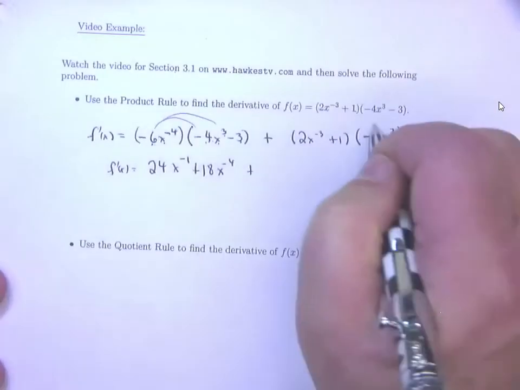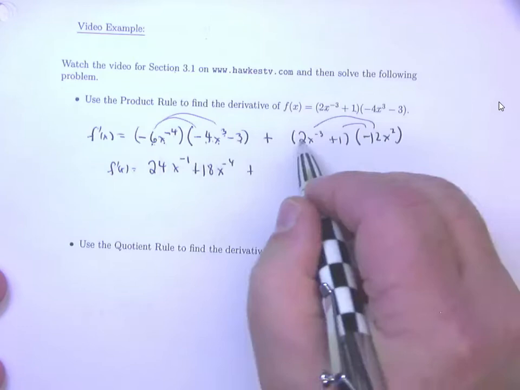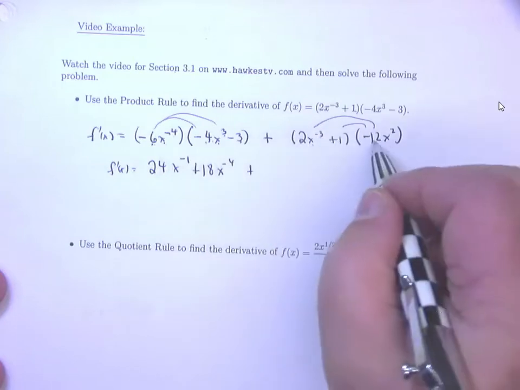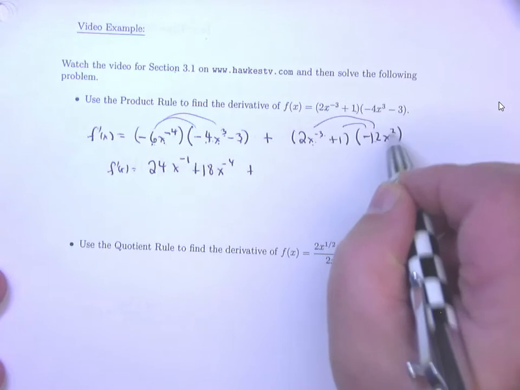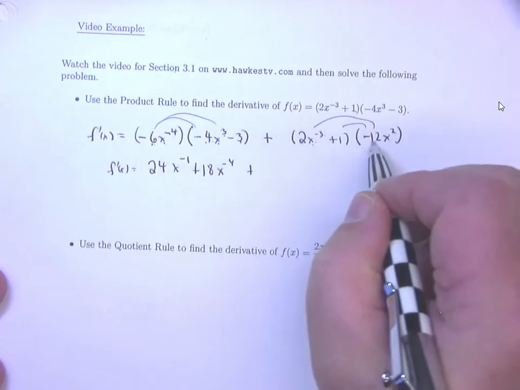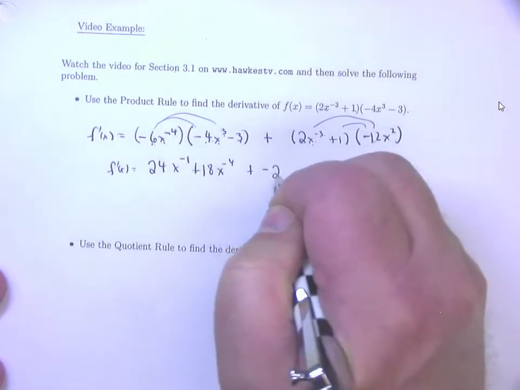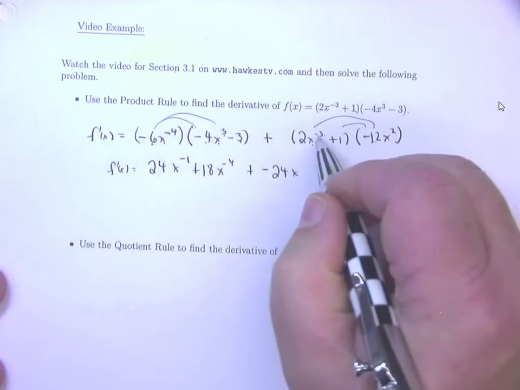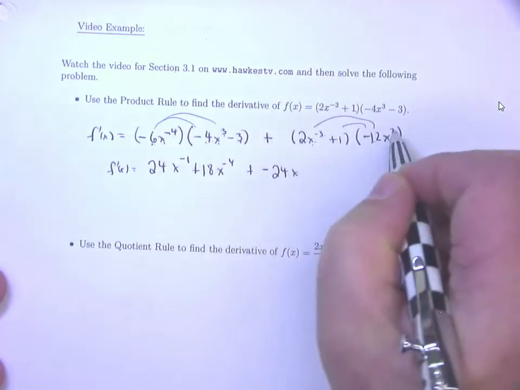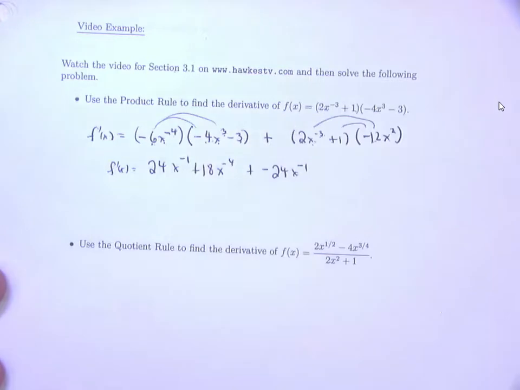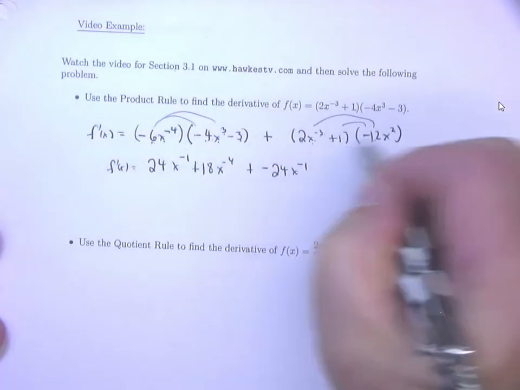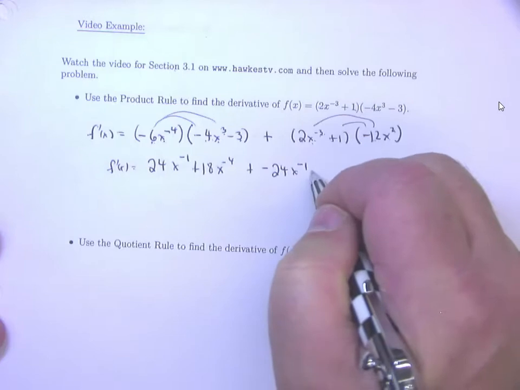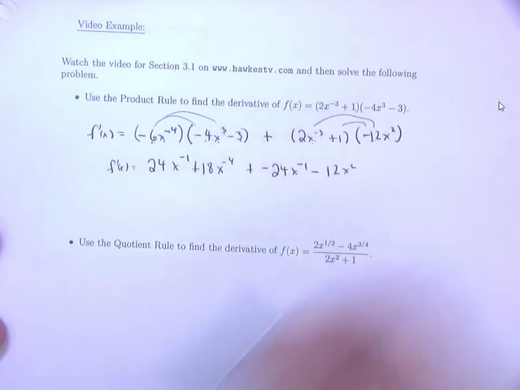Plus, here I'm going to distribute 2x to the negative 3 times negative 12x squared. Well, 2 times negative 12 becomes minus 24x. X to the negative 3 times x squared is x to the negative 1. And then plus 1 times minus 12x squared will be minus 12x squared.